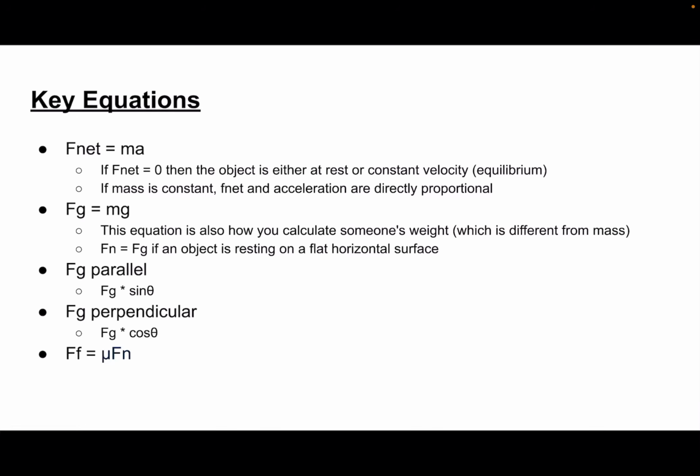And like I said earlier, Fn is also just mass times gravity if it's at equilibrium on a horizontal surface. But if the surface is slanted, then Fn is equal to Fg perpendicular. And our final equation is force of friction, which is Ff equals mu Fn. And you also need to know the kinematics equations, so don't forget that.